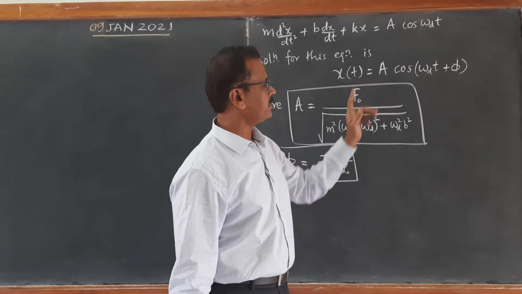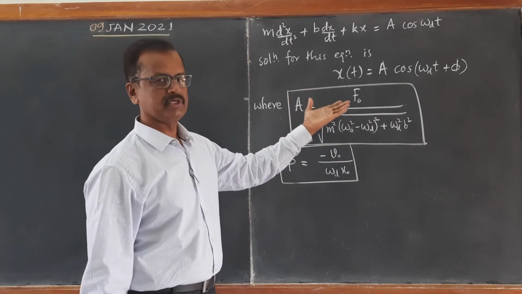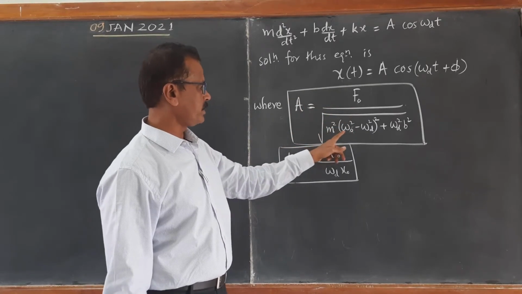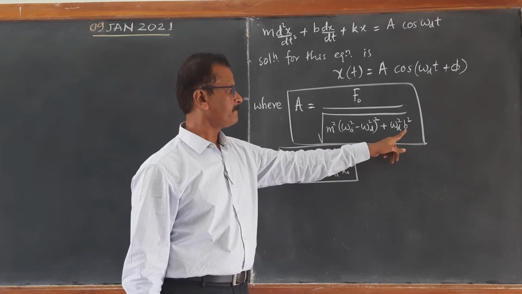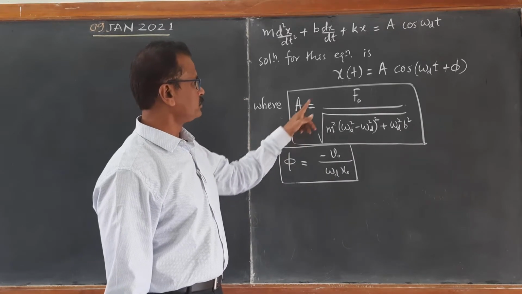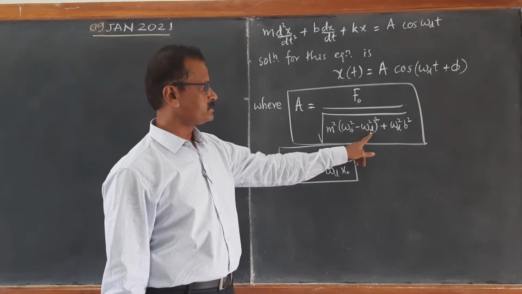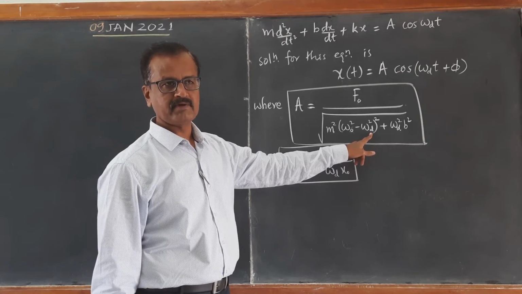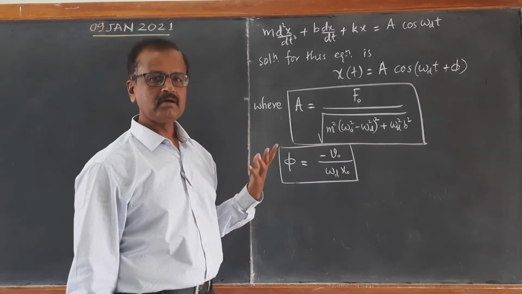And then the amplitude of such forced oscillations is given by F naught divided by the square root of m square (omega naught square minus omega d square) whole square plus omega d square b square, where you can see now the amplitude of forced oscillations depends on the angular frequency of the periodic force, the angular frequency of the driving force, and the natural frequency of oscillation of the oscillator.